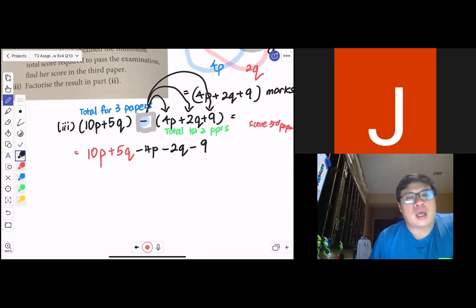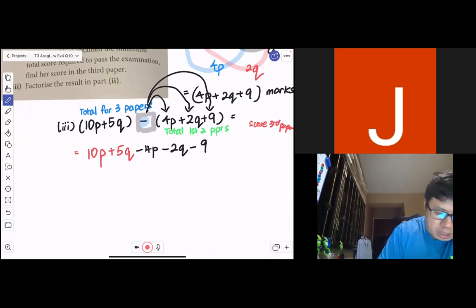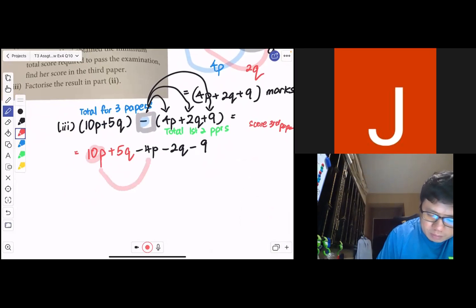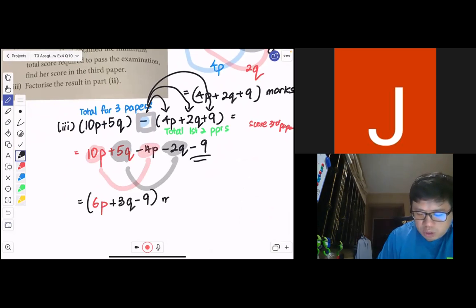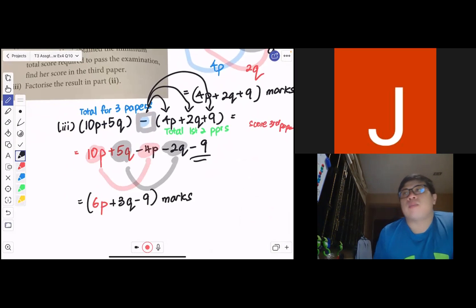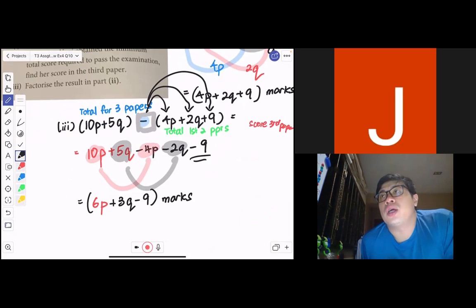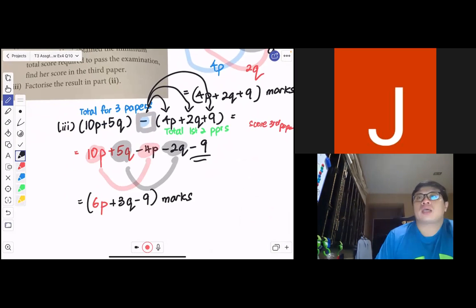Slowly, one by one: 10P minus 4P gives me 6P. Positive 5Q minus 2Q gives me 3Q. 9 is by itself, so negative 9. That's the answer: 6P plus 3Q minus 9 marks. That's the number of marks you score for the 3rd paper. Okay, thank you.